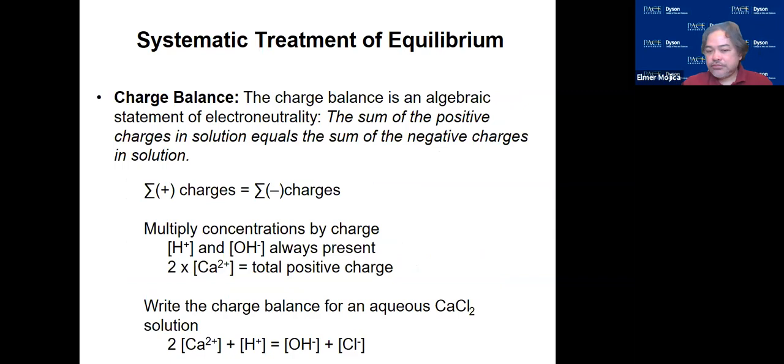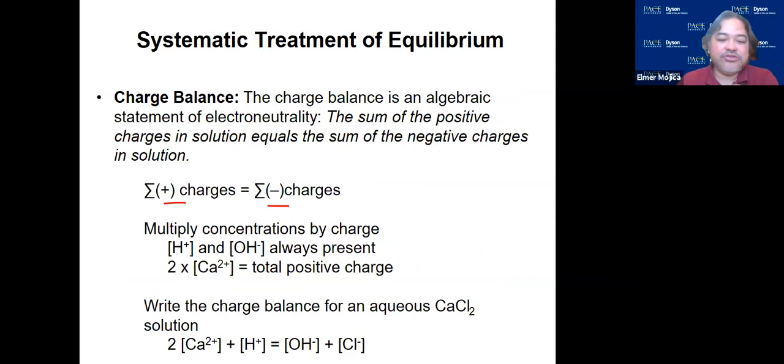So what is this charge balance equation? The charge balance equation is an algebraic statement of electroneutrality. What does this mean? The sum of the positive charges in solution is equal to the sum of the negative charges in the solution. So the summation of positive charges should be equal to the summation of all the negative charges.